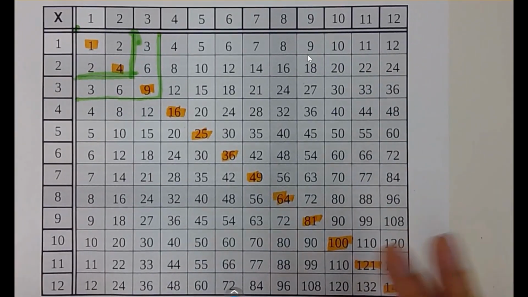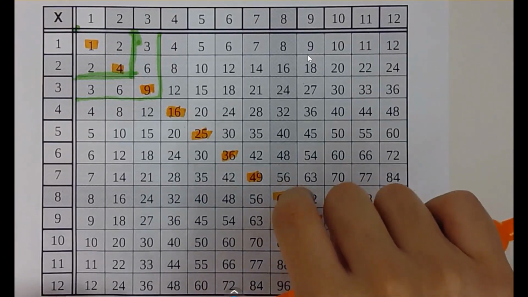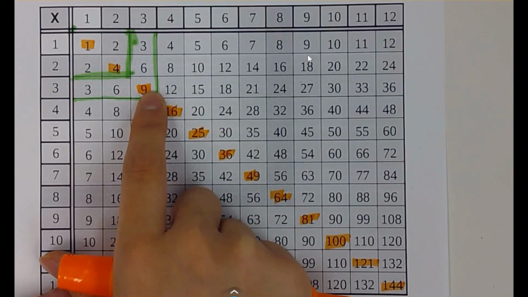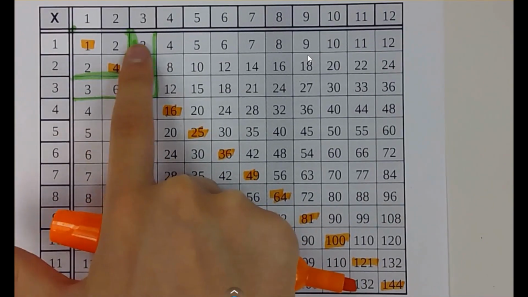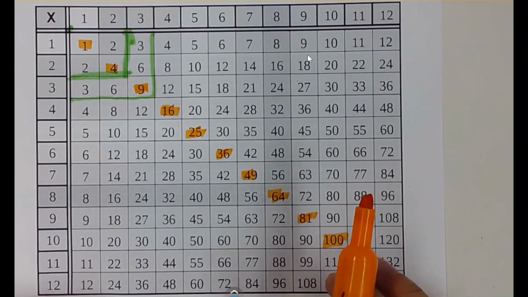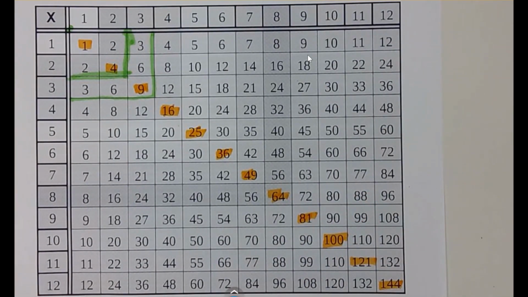A long time ago, in ancient times, when people asked for squares, they meant they were trying to get the area of the square.